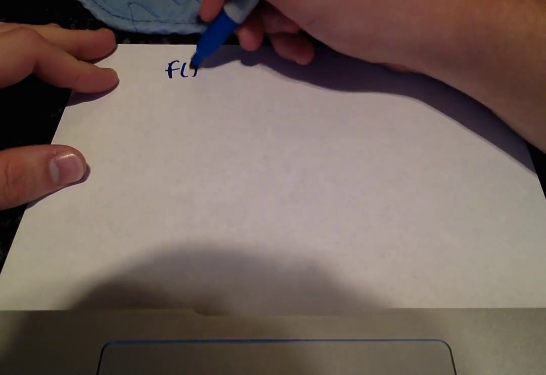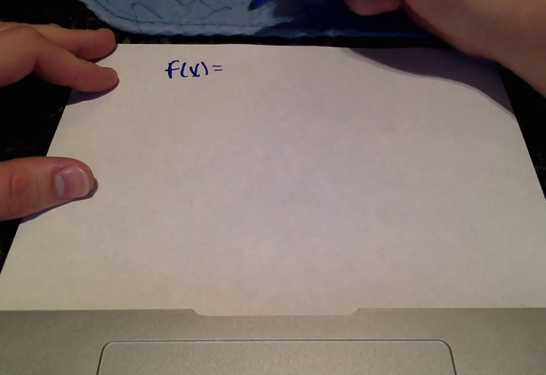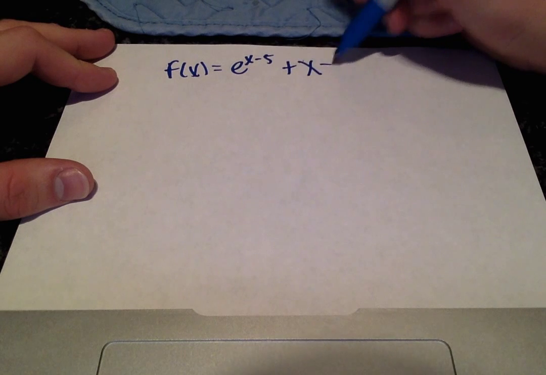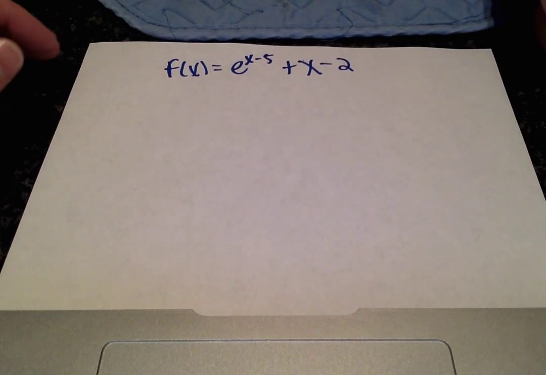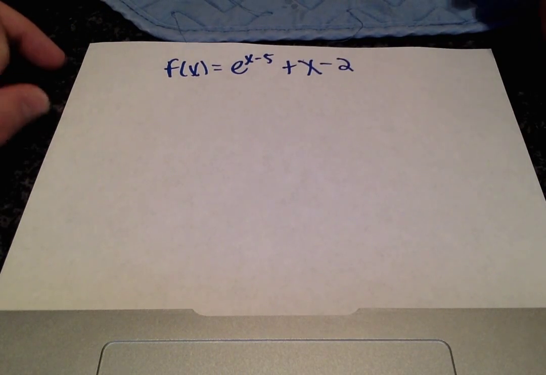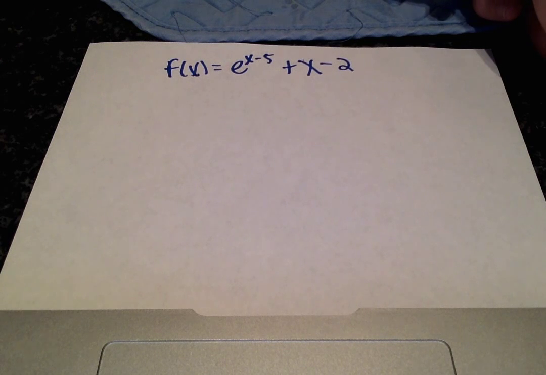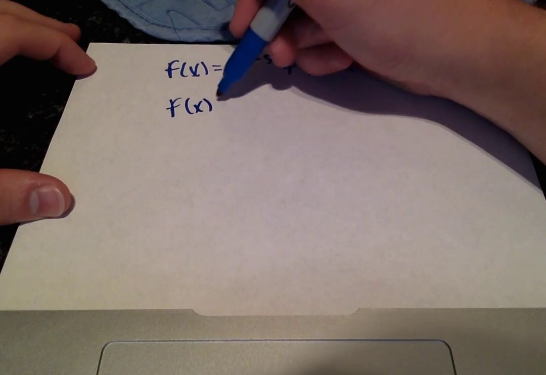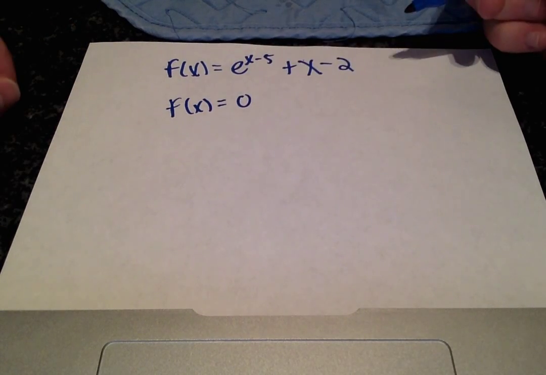Alright, so our function, f of x, I'll rewrite that here, is e to the x minus 5 plus x minus 2. Okay, and for the simple fixed point iteration method, we will be finding the root, and that is where f of x equals 0, just to remind you.